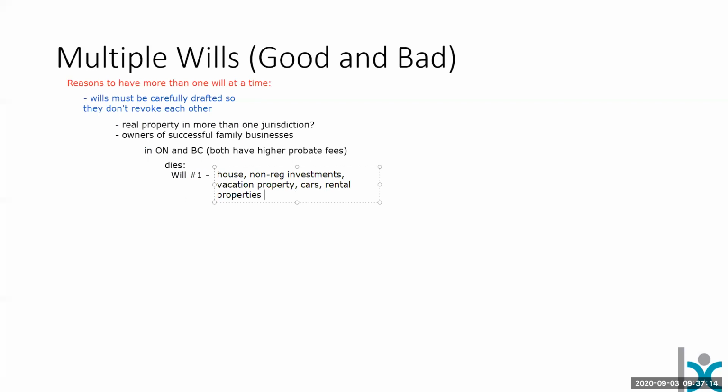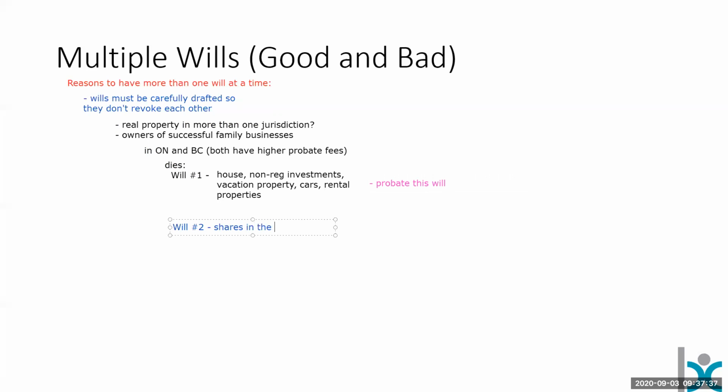So that will gets probated. We're going to put that will through probate, and you're going to pay your probate fees on it. But will number 2 is going to include only the shares.